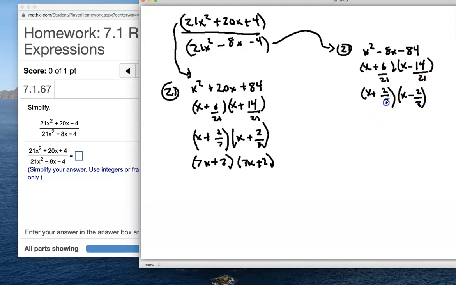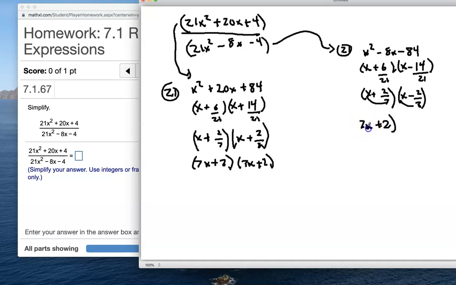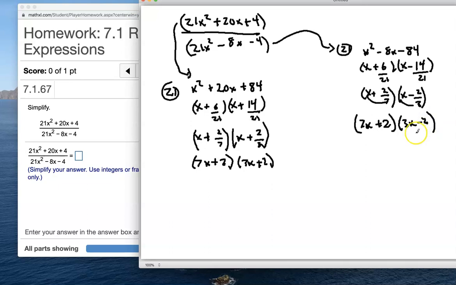If you still have fractions, move the denominators in front of the variables. 7x plus 2, 3x minus 2. Okay, the hard work is done. The fun stuff is this is the top, 7x, rewrite the top as factors.